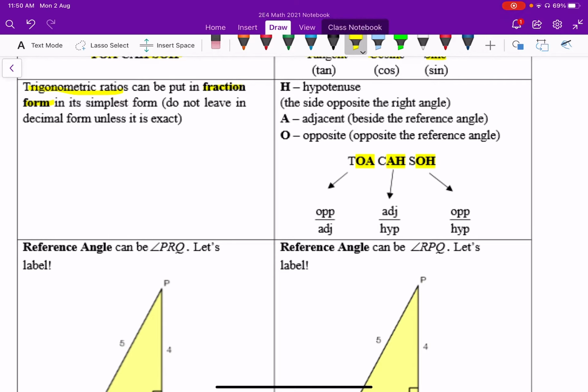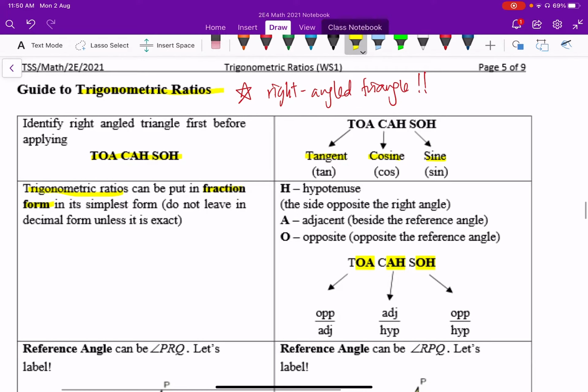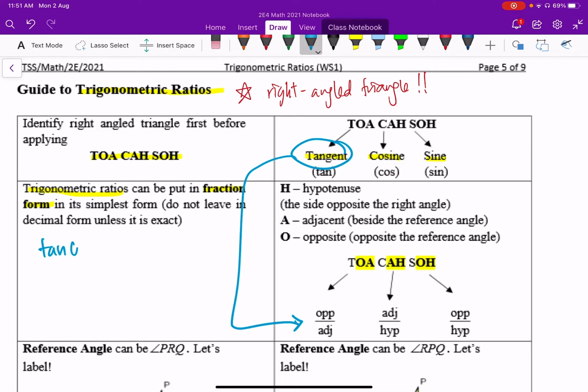Okay, and different trigo ratios represent different things. So the first one that we're learning today is called tangent. Tangent has a ratio of opposite over adjacent. So tangent theta equals opposite over adjacent, where theta is the angle that you use. So TOA, that's why I call it TOA. TOA CAH SOH, opposite over adjacent.